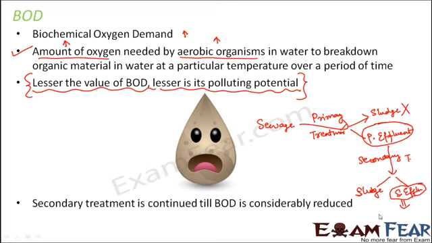So this is directly disposed to water bodies because it has very less BOD. So now what do you see? From this sewage which has very high polluting potential, after the treatment you could arrive at secondary effluent which has very less polluting potential. So it is very safe to dispose it directly into the water bodies.